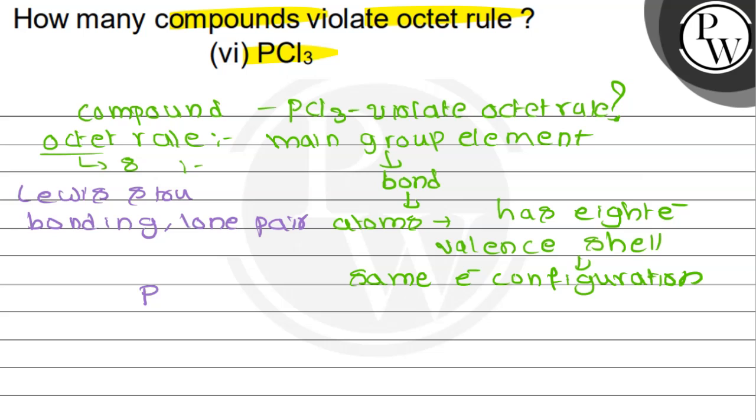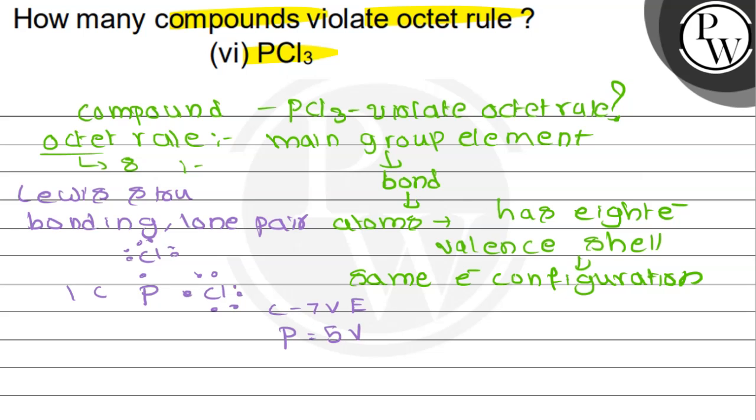PCl3: one phosphorus in the middle and one chlorine on each side. Chlorine has 7 valence electrons, whereas phosphorus has 5 valence electrons.